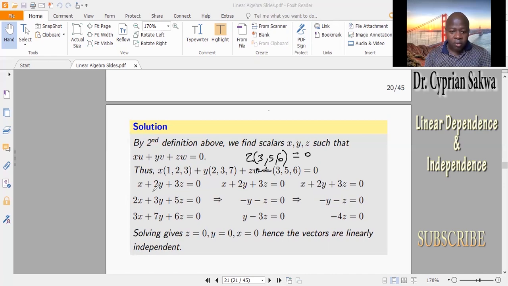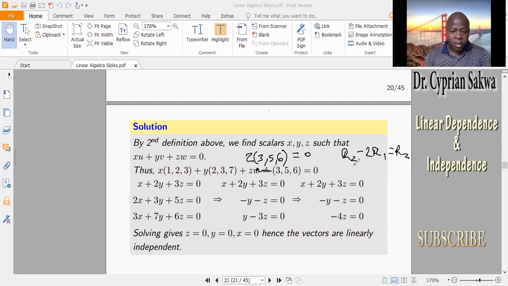I want to have a 0 in this position and a 0 in this position. The first step is to take row 2 minus 2 row 1 to give us our new row 2.